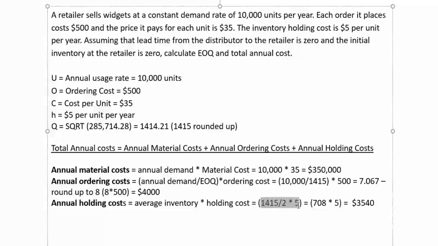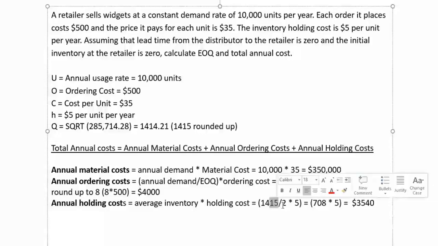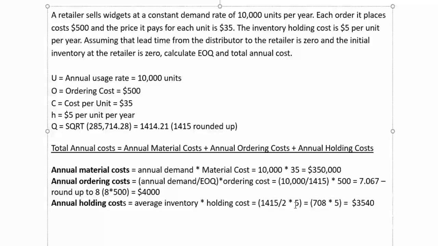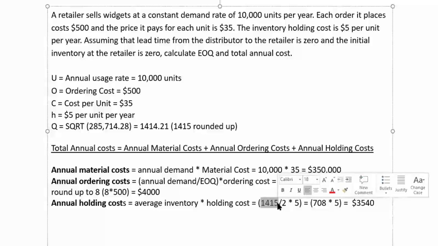So this represents our average inventory in a year, and then we multiply it by our holding cost. So 707.5 times 5. Now, once again, you can't have half of an item in storage. So you could run it up to 708.